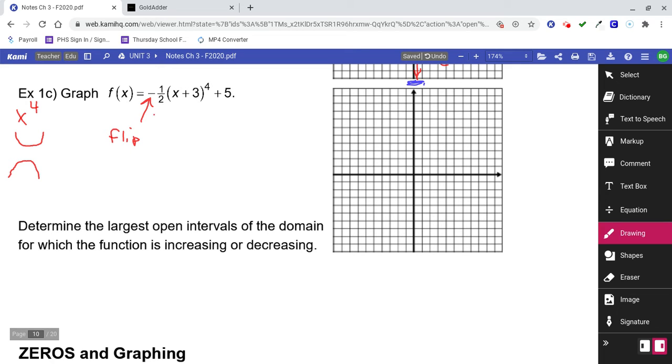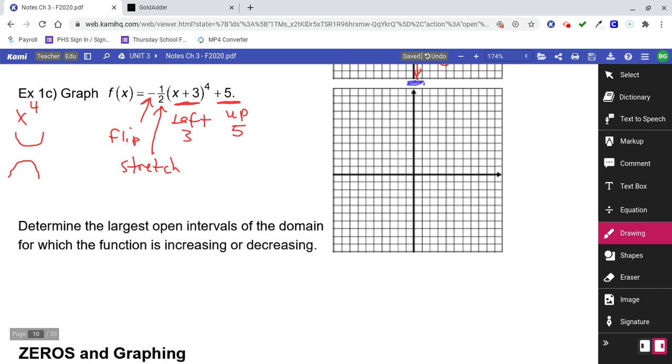And we know a 1/2 right here is a stretch. And we know this right here says left 3. And this right here says up 5. So we've got all kinds of things going on. We've got something that looks kind of like a parabola, only it's flipped and it's stretched and it's shifted left 3 and up 5.